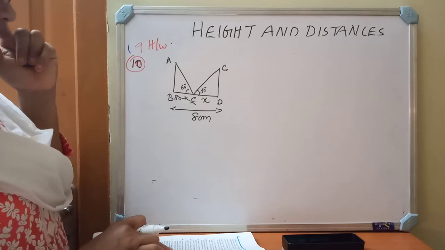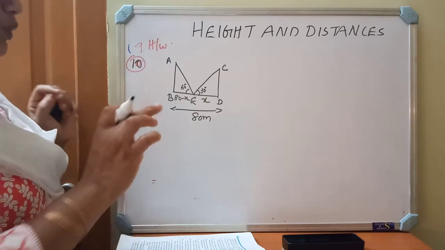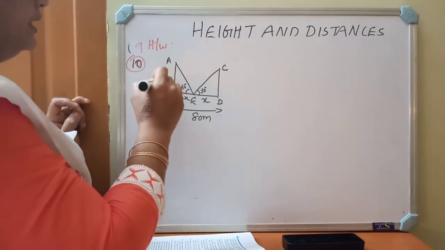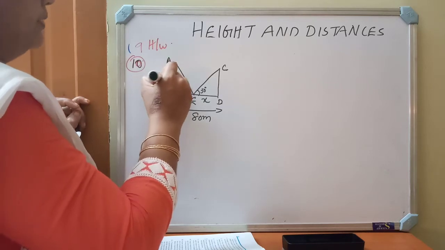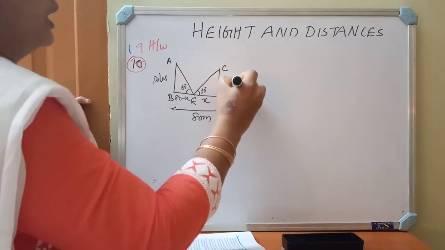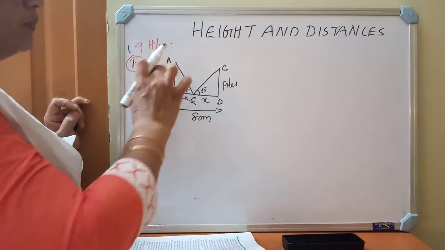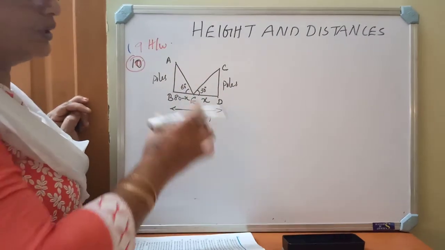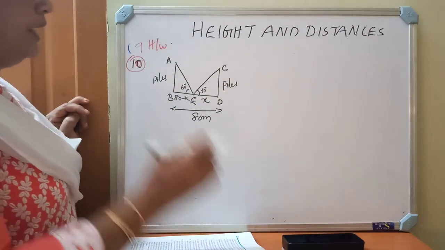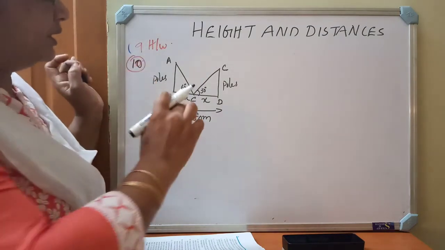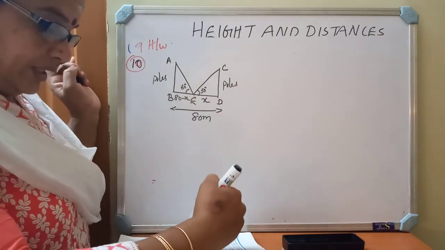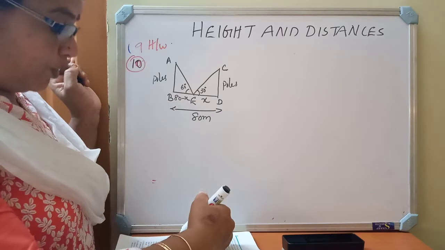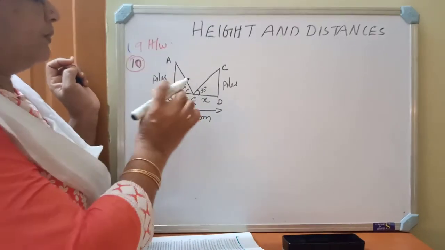See this question, children. We will have two poles, AB and CD. They ask you to find the height of the pole. If you get the height of one pole, it is equal to the other, because both have the same height. And this is the road.